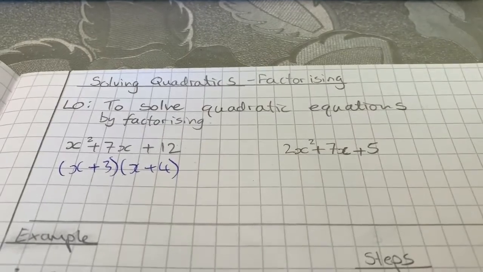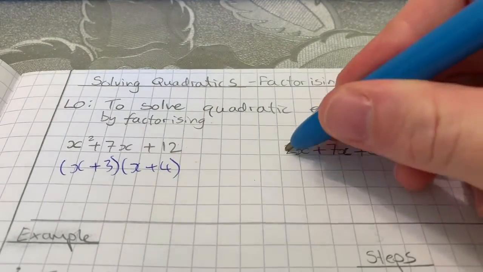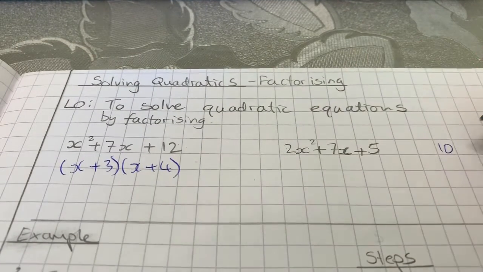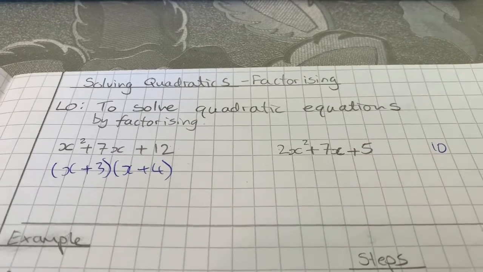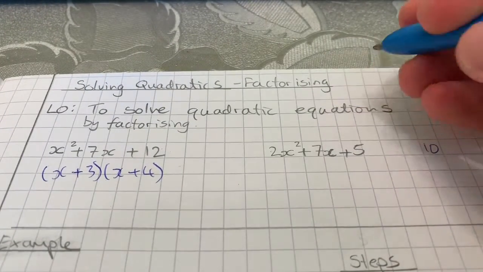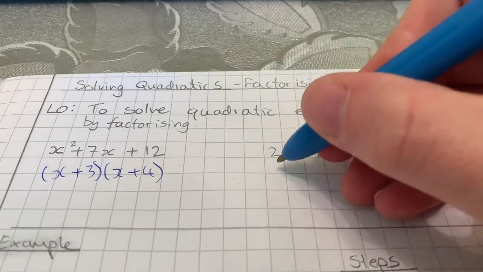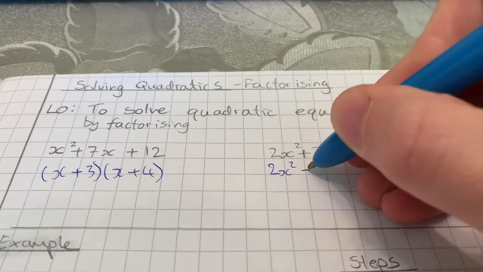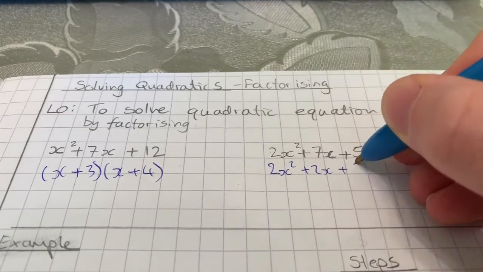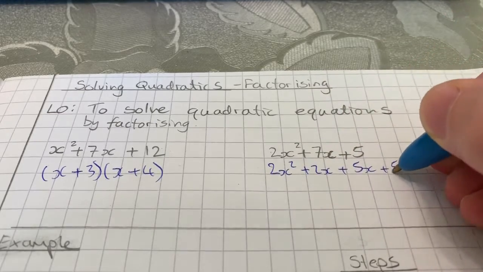And then this one here, this is where it's a bit more tricky. So you do the 5 times 2 to get 10, and then two factors of 10 that add to make 7, which are 2 and 5. So that'll give us x squared plus 2x plus 5x plus 5.